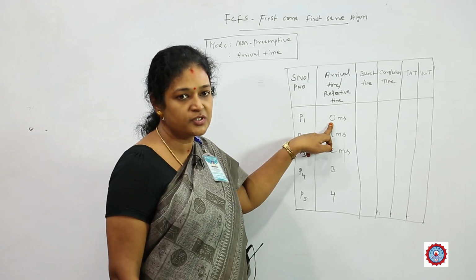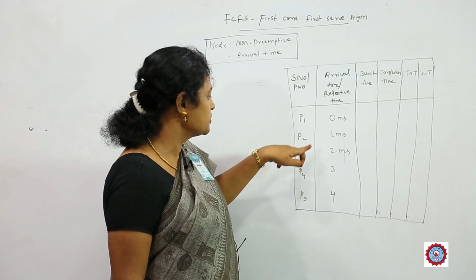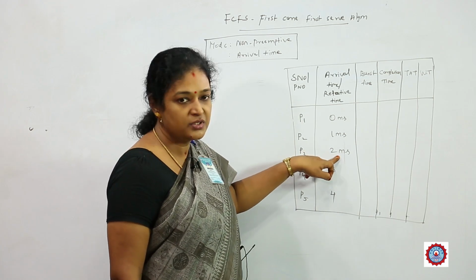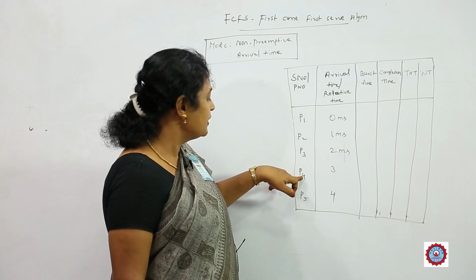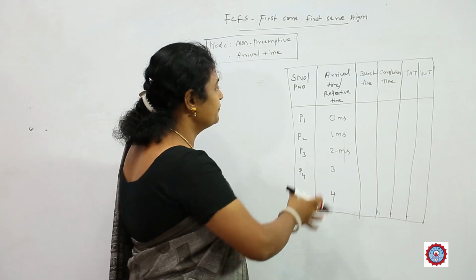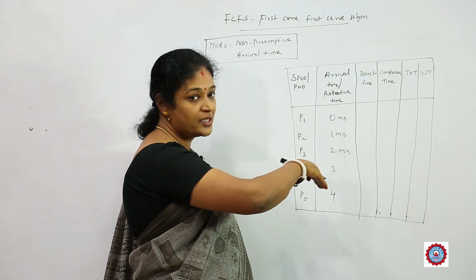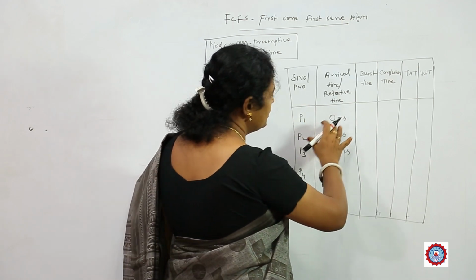So, this is the first process to enter the ready queue. Then next comes the process P2, then P3 which has arrived at 2 milliseconds, P4 at 3 milliseconds, P5 at 4 milliseconds. So, these are the time intervals at which all the processes have entered the ready queue.